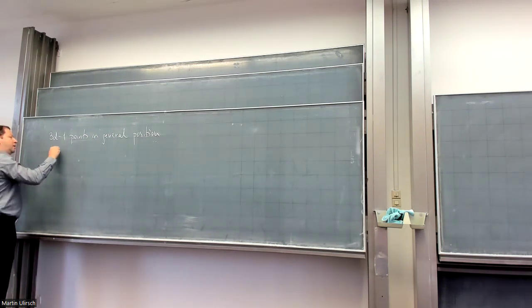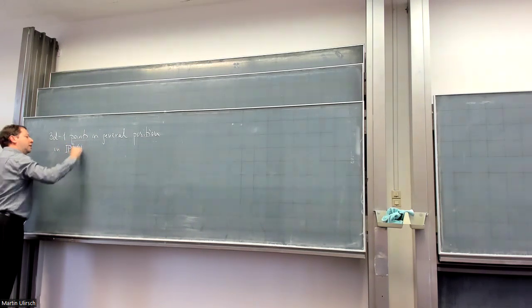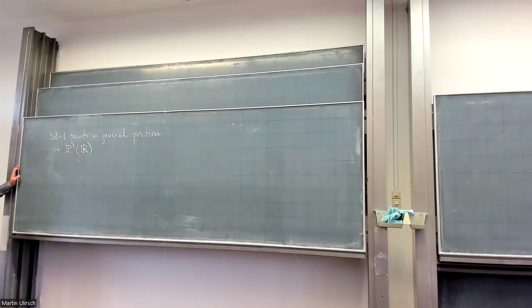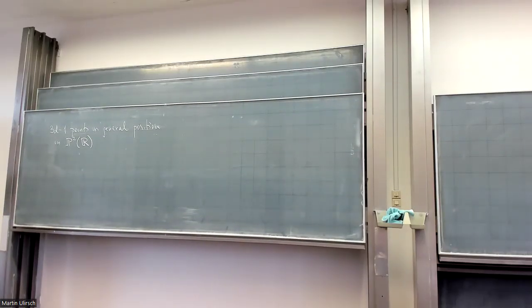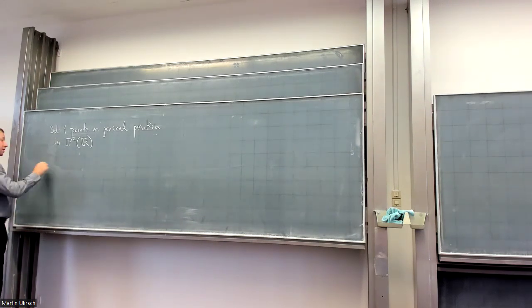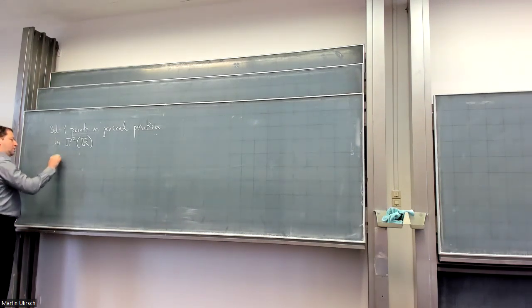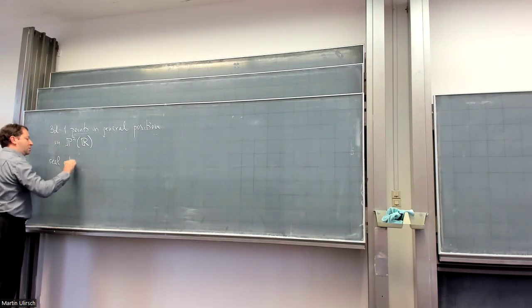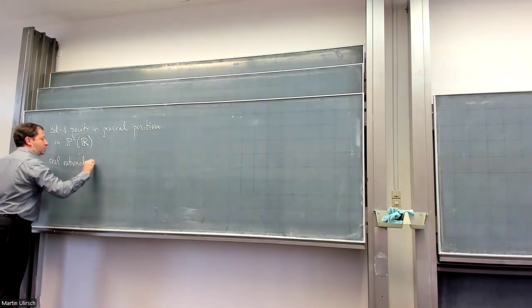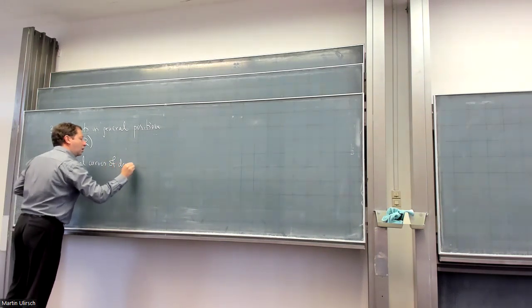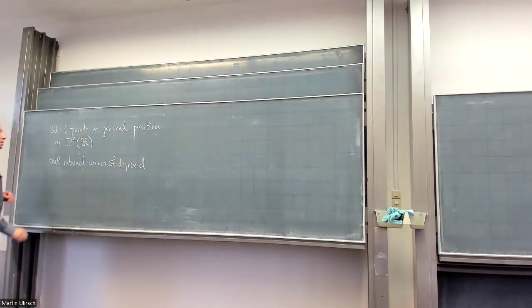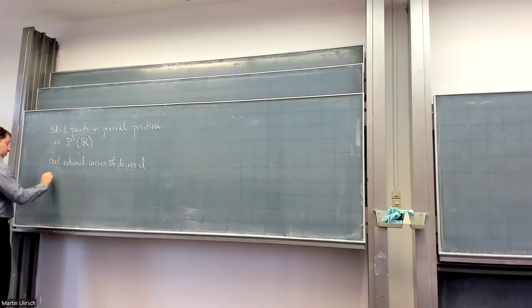So we are in P2 of R, and I'd like to look at real rational curves of degree d which pass through those points.